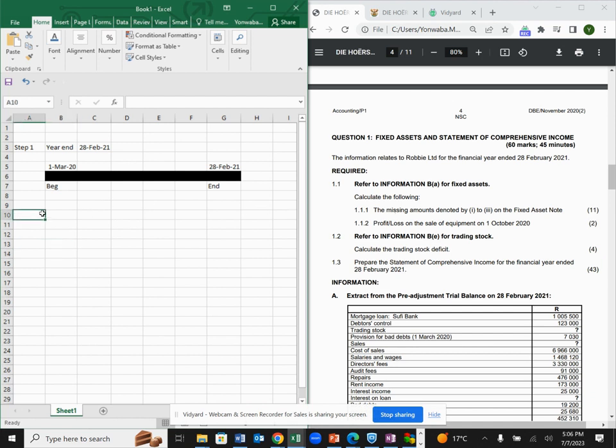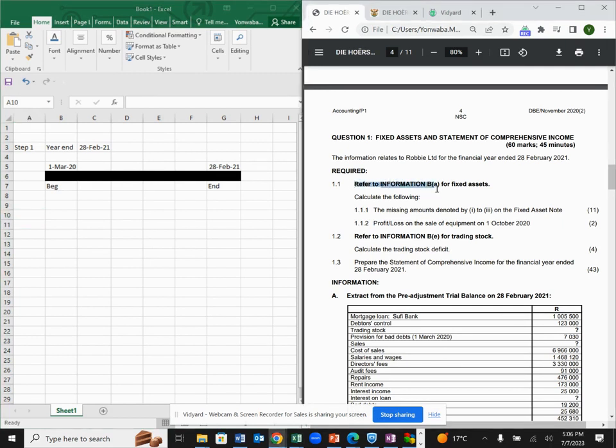Okay, let's not be slow. So now the question is saying calculate. You're going to be having calculations. Calculate the following: the missing amount denoted by I1, 2, 3 of the fixed asset note. Very important to note, refer to the information BA, fixed assets.